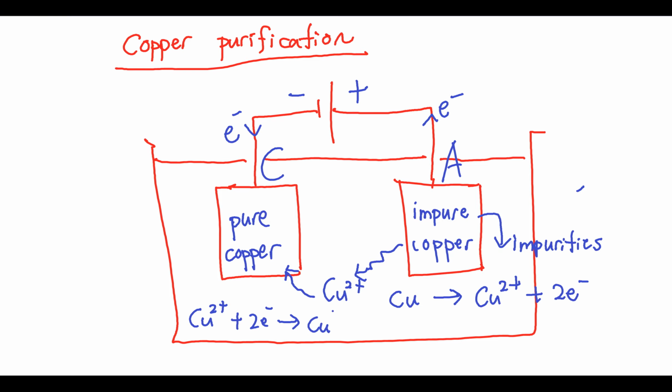In this way, the impure copper will get smaller and smaller as the copper dissolves and the impurities drop off, and the piece of pure copper will grow bigger and bigger and get coated with even more pure copper. At the end of the day, the anode will become empty and the cathode will be a big piece of pure copper.